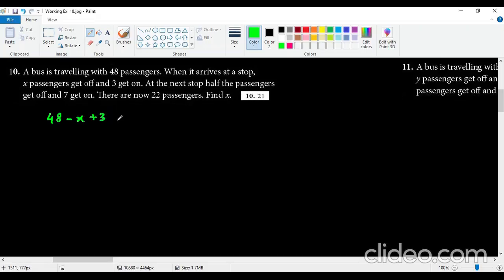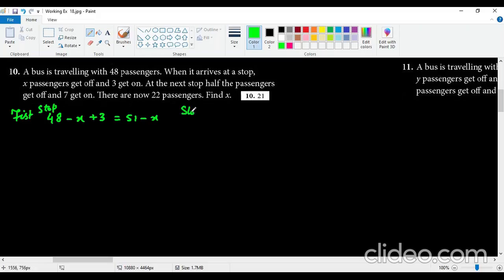And at this moment, it is 51 minus x. From where does this 51 come? Because after adding these three, it becomes 51, and minus x will be equal, right? So in here, the equation in the second stop, what happens? This is at the first stop. Second stop, what happens?